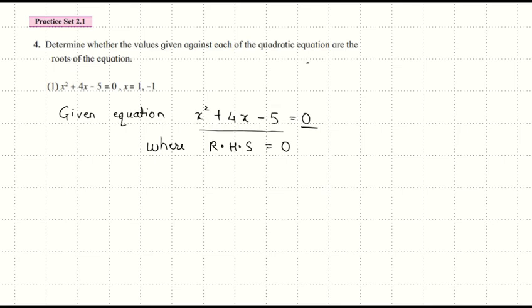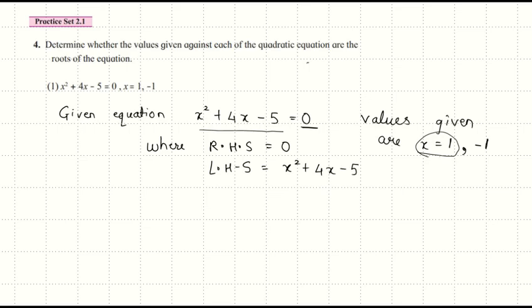What are the values given? The values given are x is equal to 1 and x is equal to minus 1. So if we put this x is equal to 1 on the left hand side, that is LHS is equal to x square plus 4x minus 5.